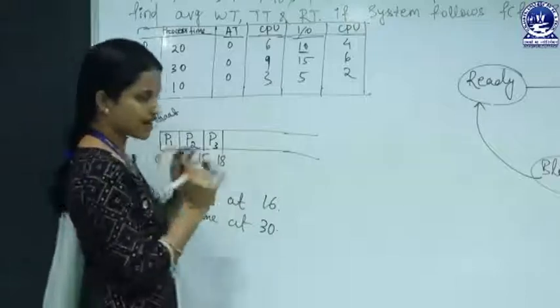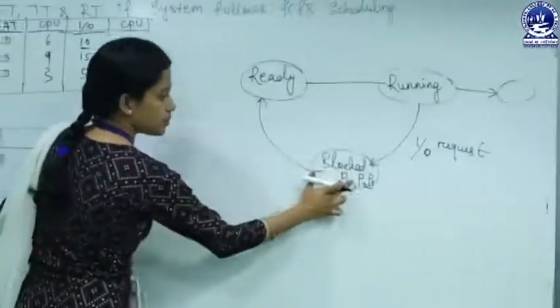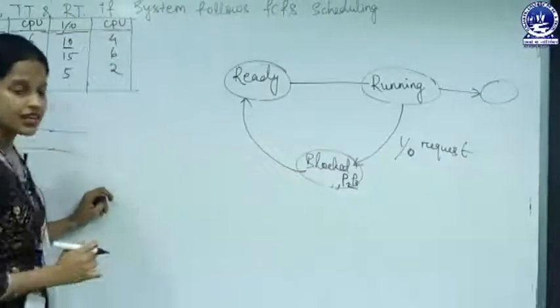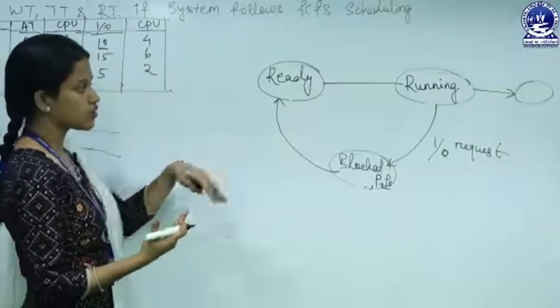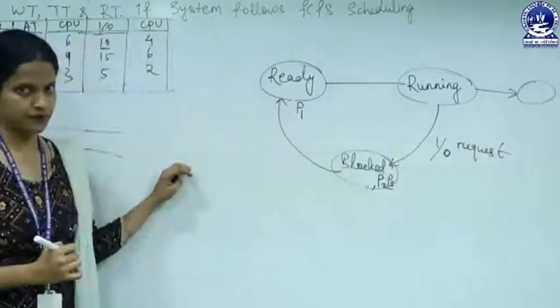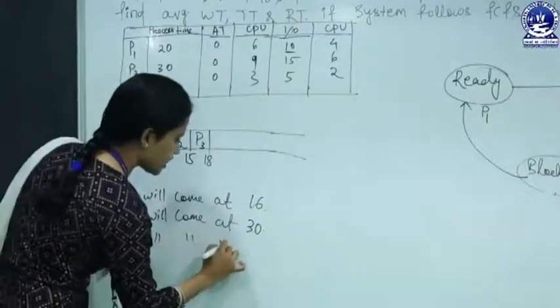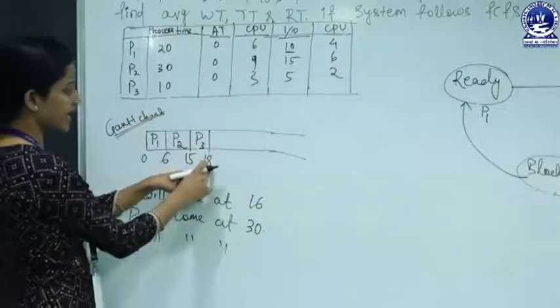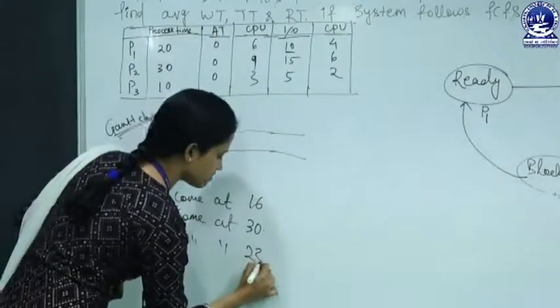Okay, now in ready state at 18 units of time, P1 leaves the block state and will resume its execution. For resuming its execution, it will go to the ready state. Now in ready state, P1 is there. P3, which is in block state, will come at 18 plus 5, that is 23.